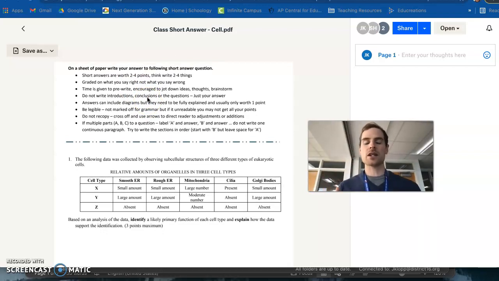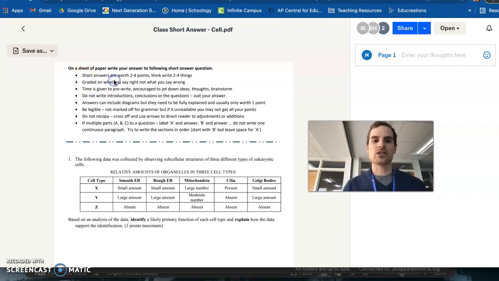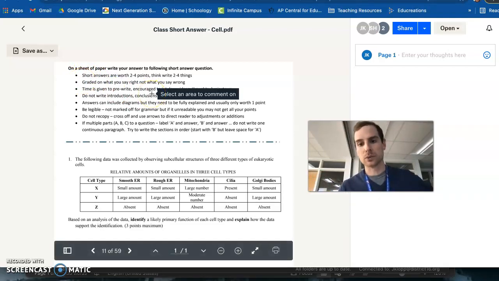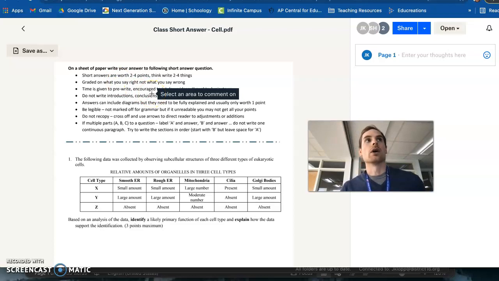Here are some of the things that we're looking at with short answer. They aren't worth a lot of points. However, if you get some wrong, then it starts to add up pretty quick. It is graded on what you say right, not what you say wrong. So if you're incorrect in your thinking, they won't take any points off.